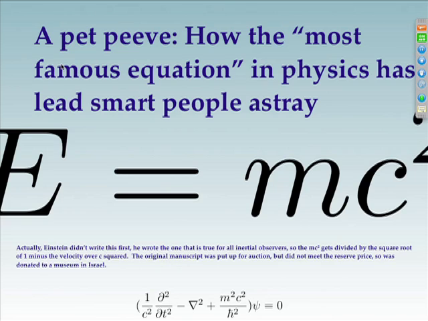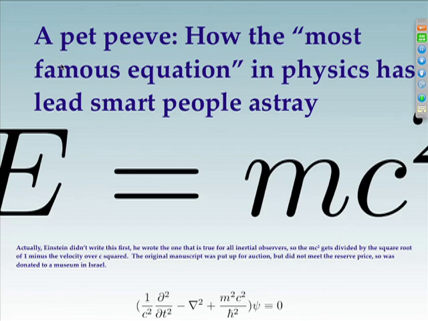This is the most famous equation of all. I wrote it so big because this really reaches out into the popular culture. You see it included in artworks and that sort of thing. But I actually think it leads a physicist a little bit astray.